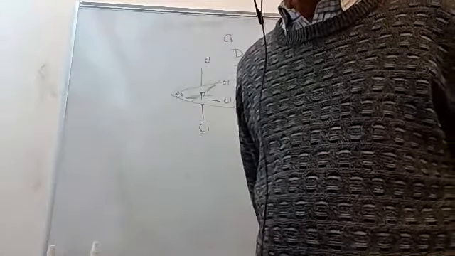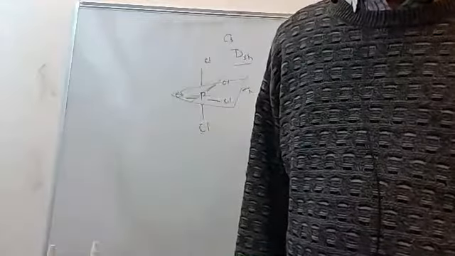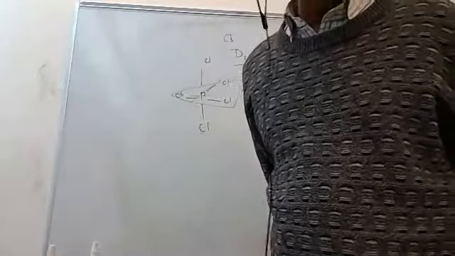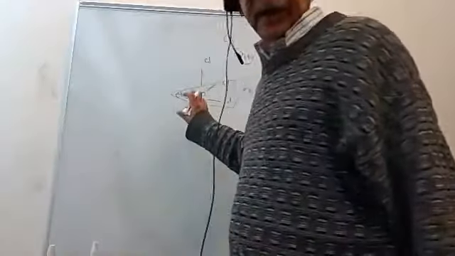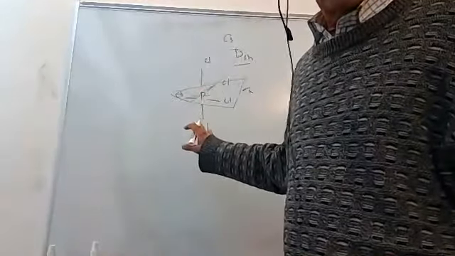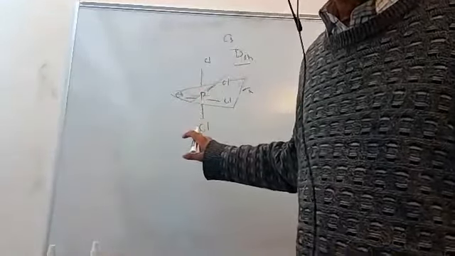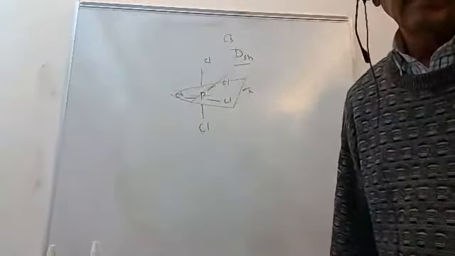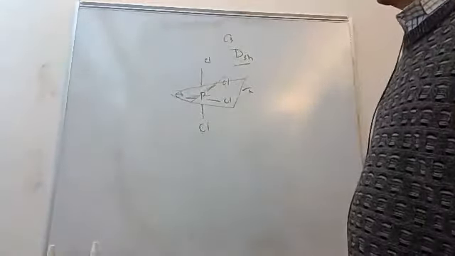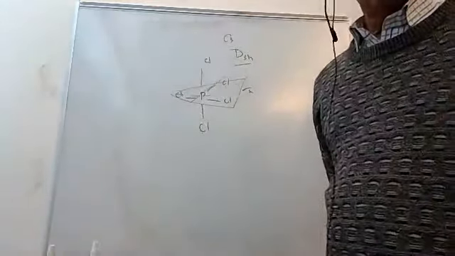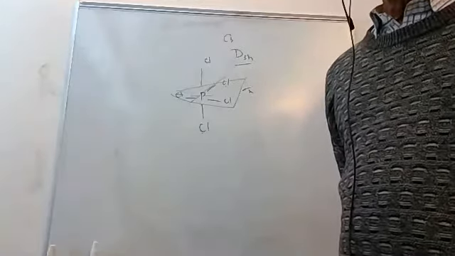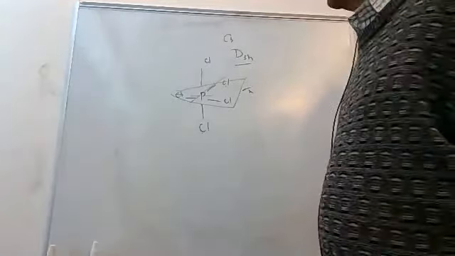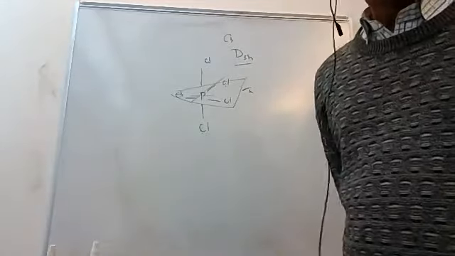Okay, so let's take a simple example of a D3D molecule. Is this clear to you why this is D3H, right? Austin? You said it was D3H because it has a sigma H? Yes. The sigma H has a C3? The sigma H is perpendicular to the C3.